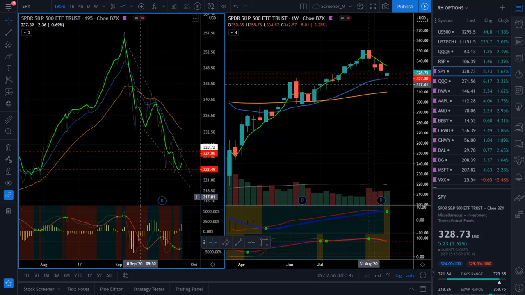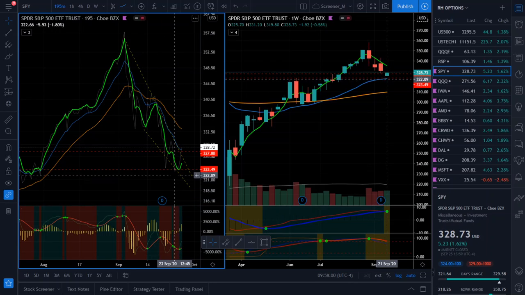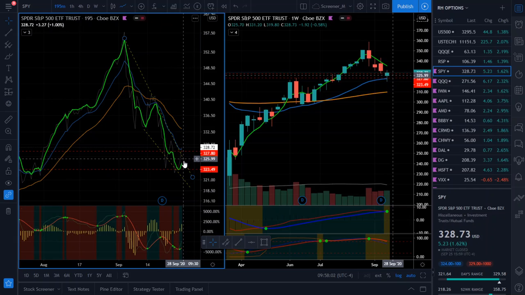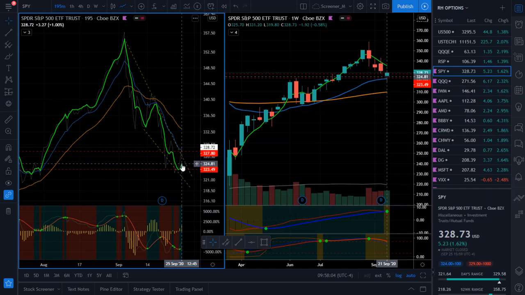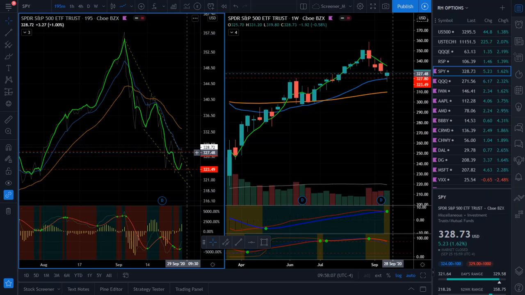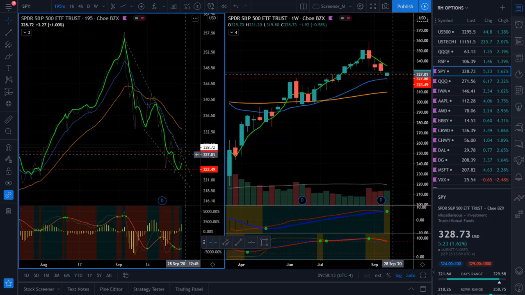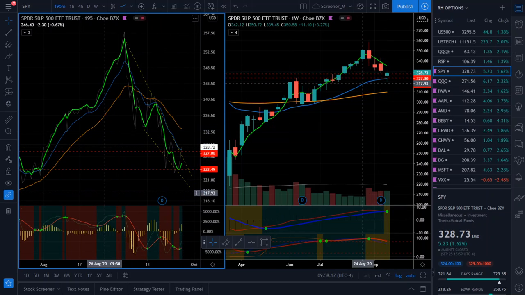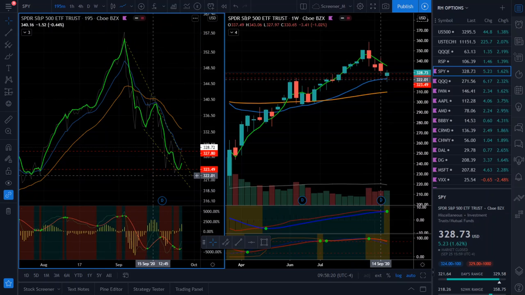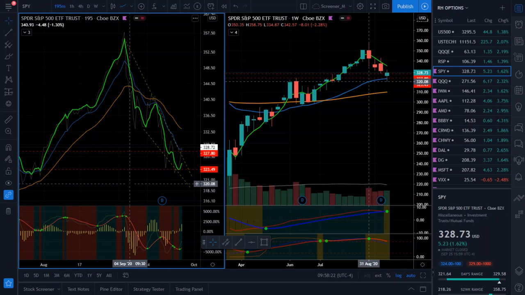Now, two things I look for it to change or reverse course in here. This green line should break this trend line, that is the yellow line here, and should break the red line in here, which is the resistance line. Now, before this touches in here, the price should actually move way up, and that's why I don't follow exactly the price. I'm just following the zero lag line.